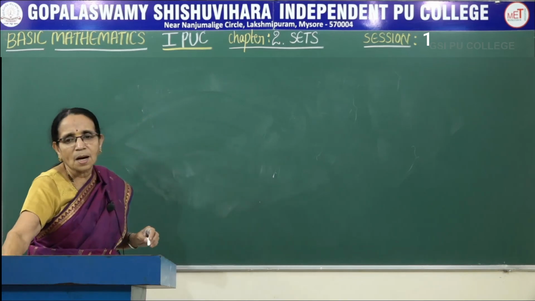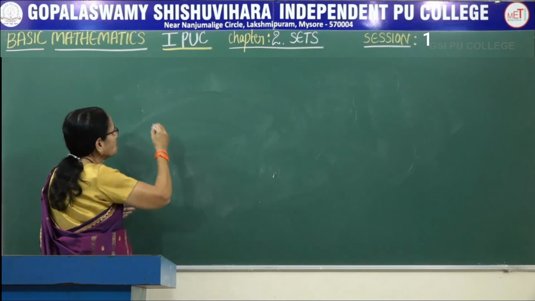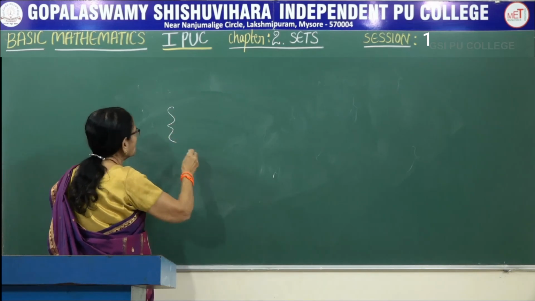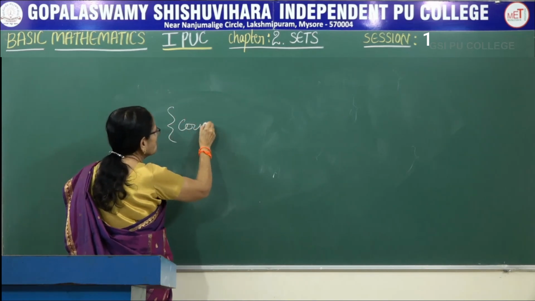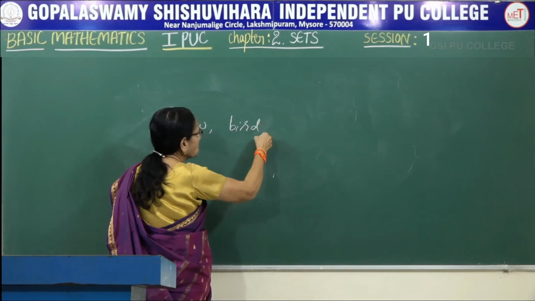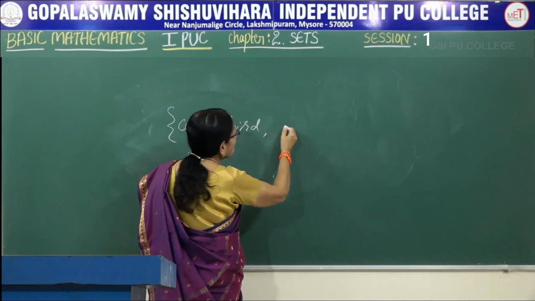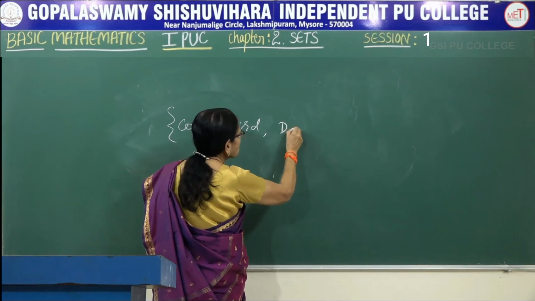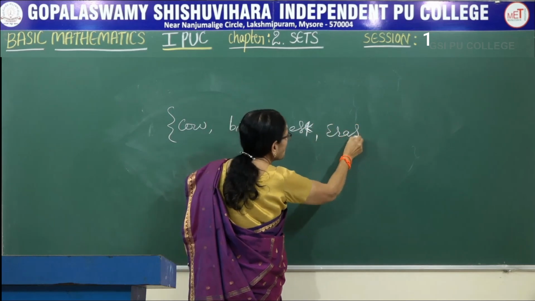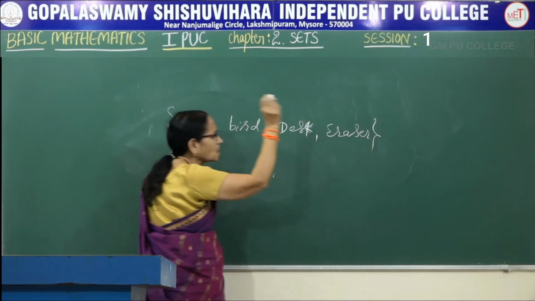Now let me take another example. Now I am considering a collection here, say cow, bird, desk and eraser. It is a collection, no doubt.